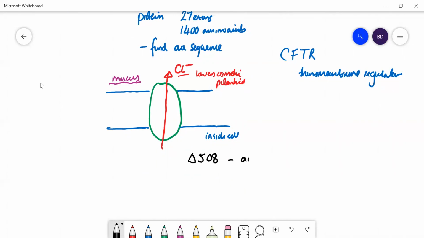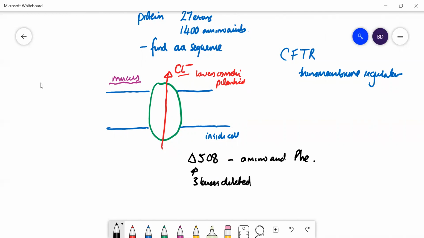The amino acid is phenylalanine, and that's missing from the protein. Right, so that means there must have been 3 bases deleted here, and it leads to an amino acid missing from the protein.